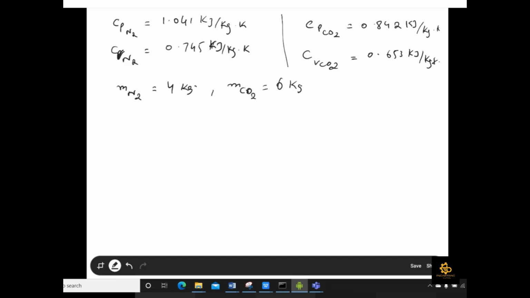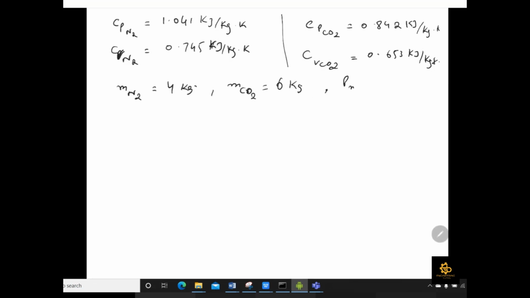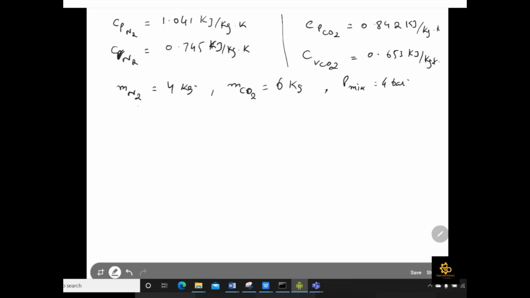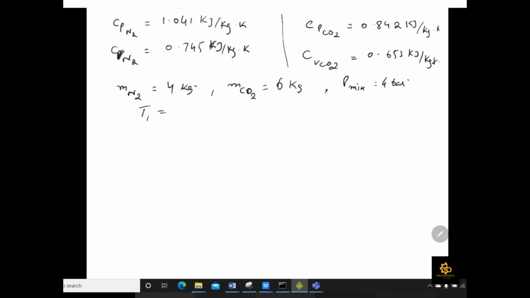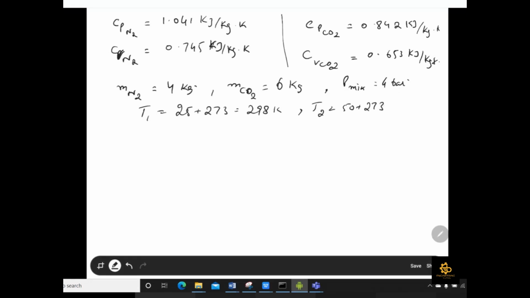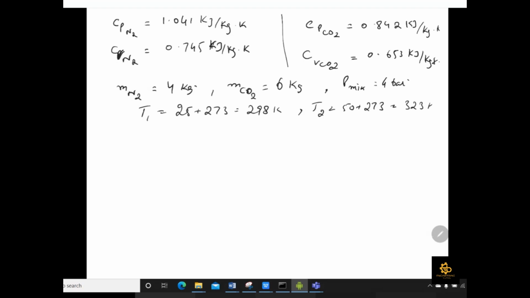The pressure of the mixture is also mentioned, which is equal to 4 bar, and the initial temperature is 25 degrees Celsius. You have to convert it to Kelvin, so it will be equal to 298 Kelvin, and the temperature of the final point is 50 plus 273, which is equal to 323 Kelvin.